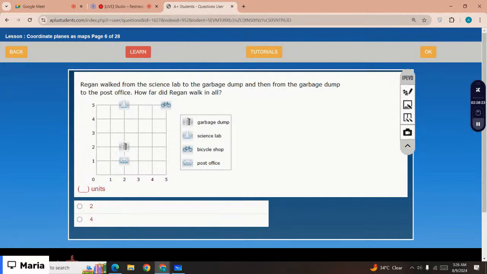That is 4 units. Option number 2 is the correct option. Got it?